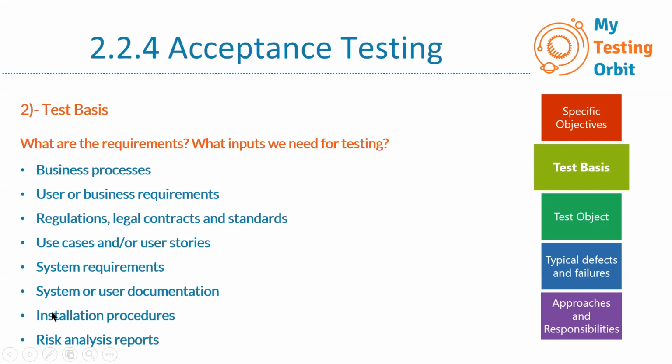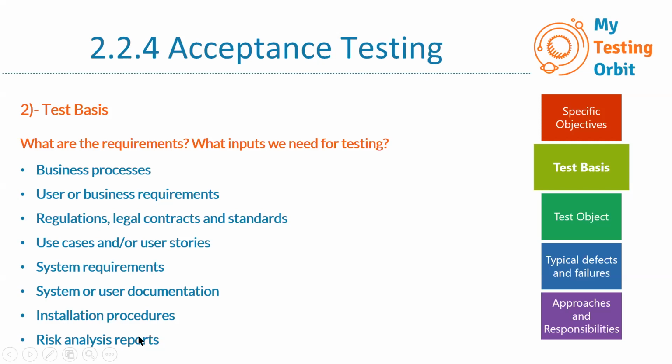Then if that system needs any kind of installation, then we need all the procedures for that. Maybe that can be part of the user documentation, the user manual, as well. Or if there are any risk analysis reports. So maybe in the beginning, when the planning was done, if an analysis of risk was done, then that can be part of our requirement base as well, because that can play a key factor in signing off the acceptance testing.